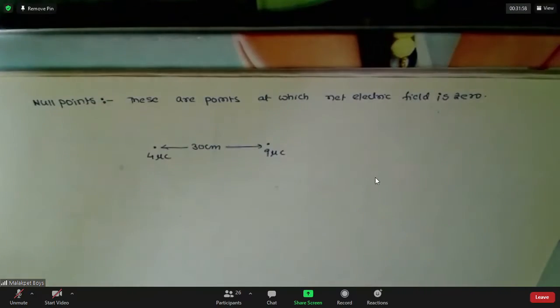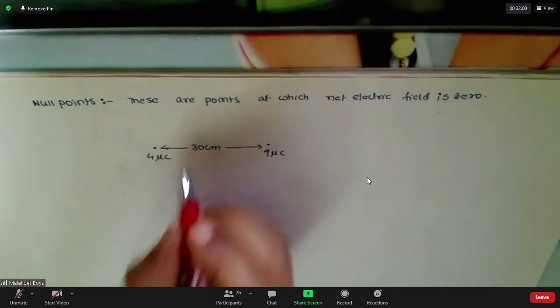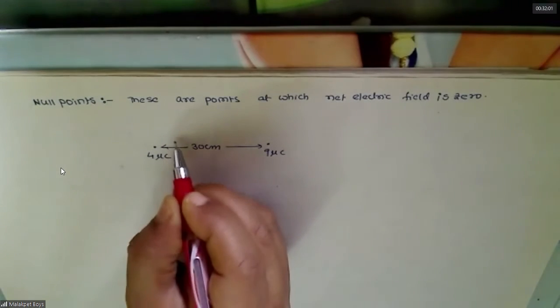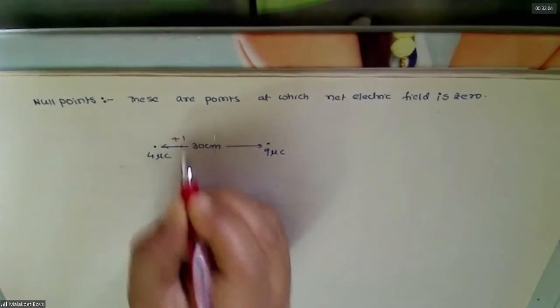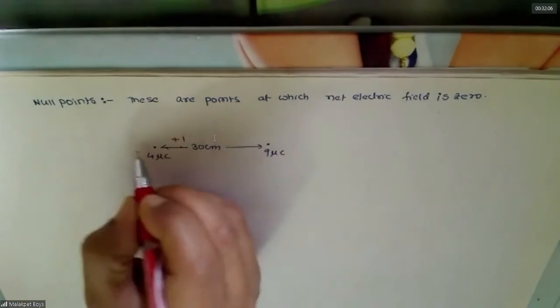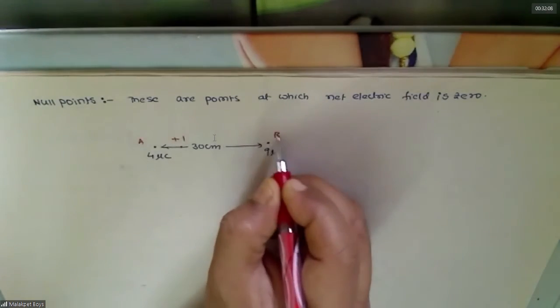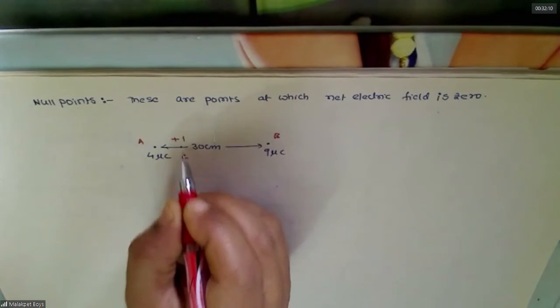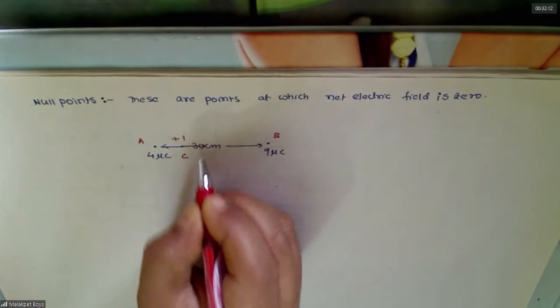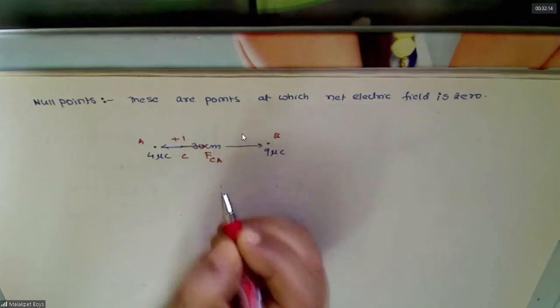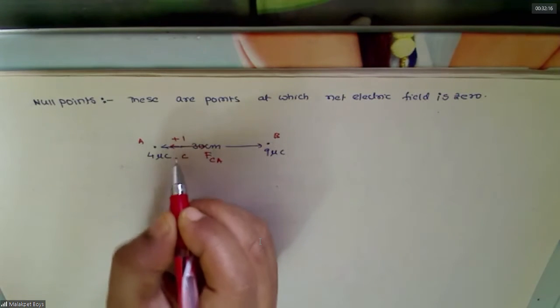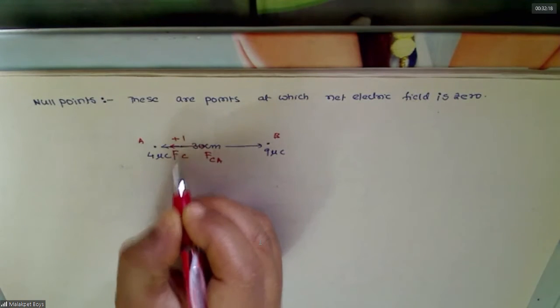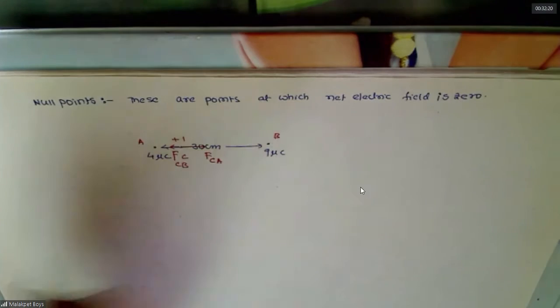Then you have to check like this. Suppose you take that null point and keep a plus 1 charge there. Now this is A, B, C. What is the force on C due to A? And force on C due to B? Do you agree with this?